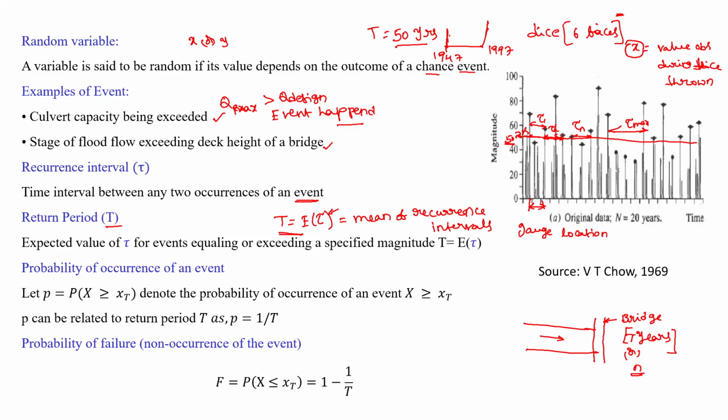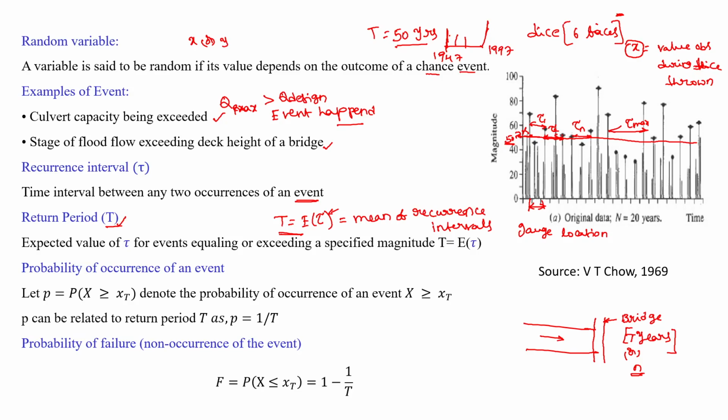So when we say some T-year return period, it does not mean that after 100 years it will occur. It is not that case. It is like the expected value of occurrences of an event. It can occur in the next year; it depends upon the outcome of a chance event. Okay, so this is the return period value.